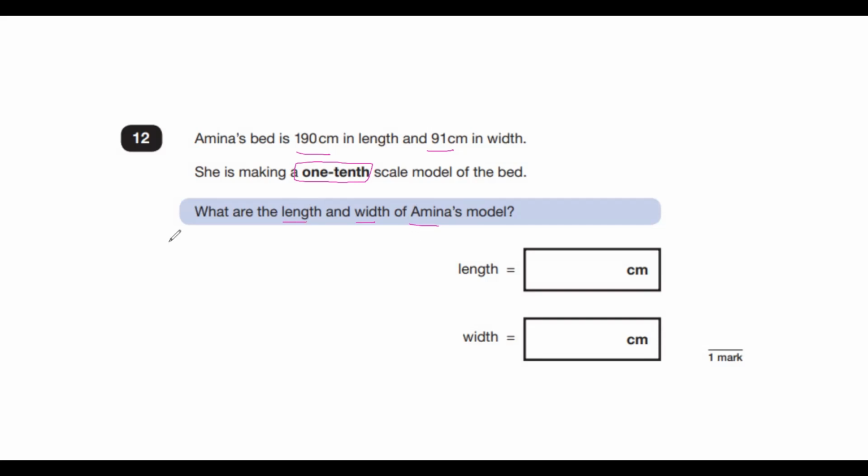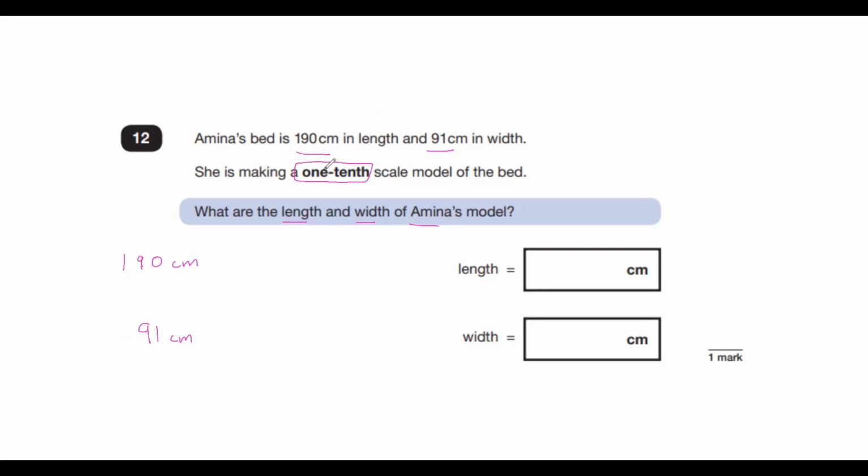So looking here, we can see that her bed is 190 centimeters in length, and in width, it is 91 centimeters. So she's making a model of this, a pretend bed, and it's going to be smaller. How much smaller is it going to be?